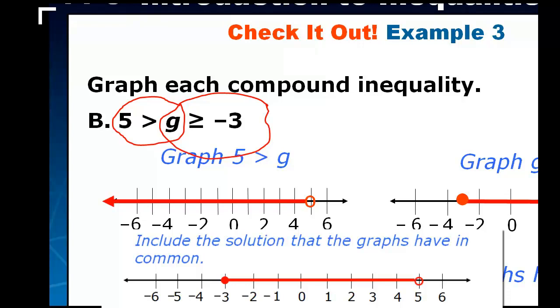I cannot take 6 in this equation. I cannot take -4. Why can't I take -4? Because -4 is not working with g bigger than or equal to -3, and 6 is not working with g smaller than 5. So how can it be 6 if it's only smaller than 5?